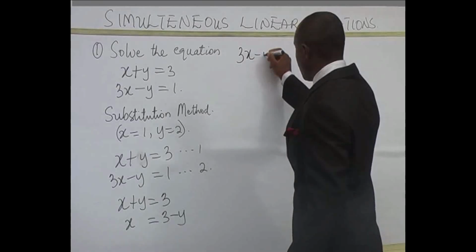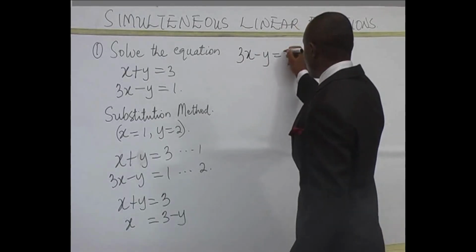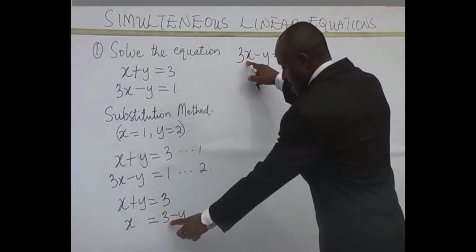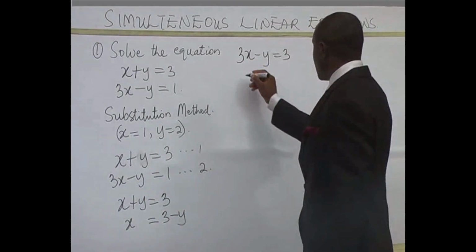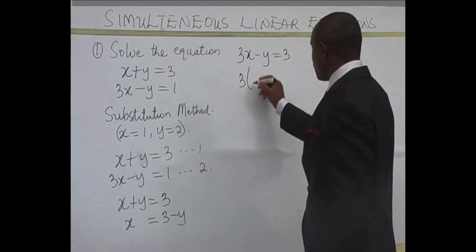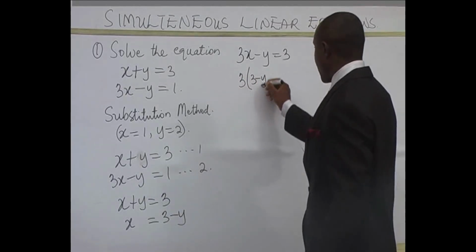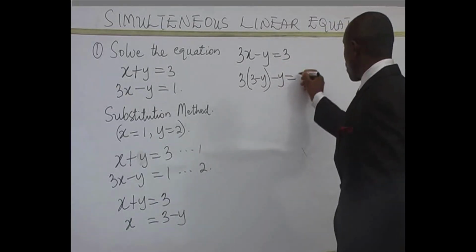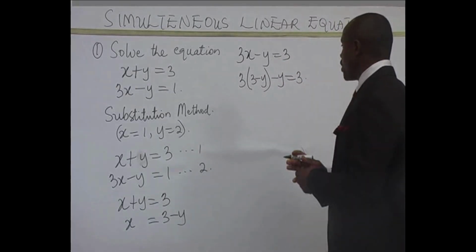3x minus y is equal to 3. So wherever you see x, put 3 minus y. So it will give us 3 into 3 minus y, then minus y is equal to 3, completing the equation.